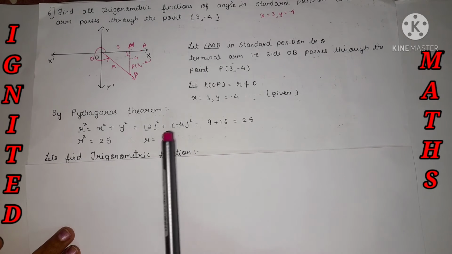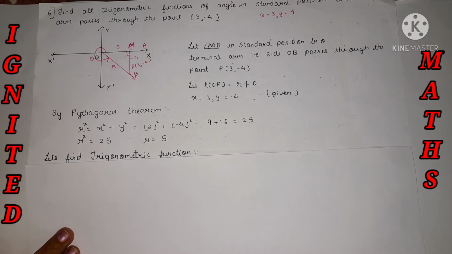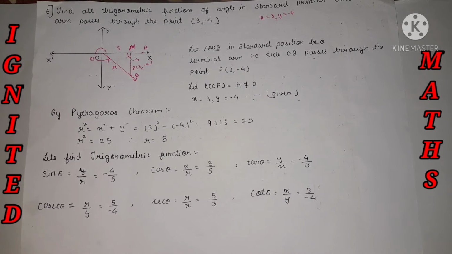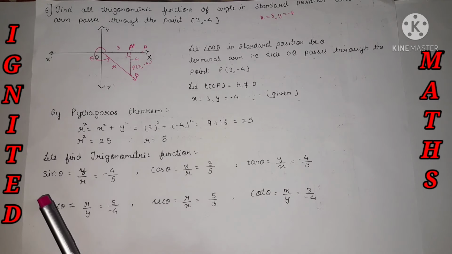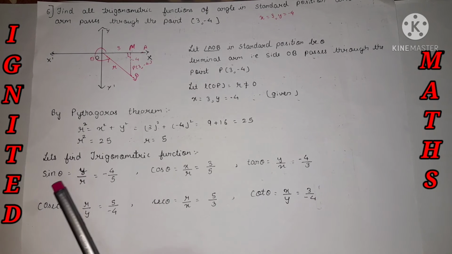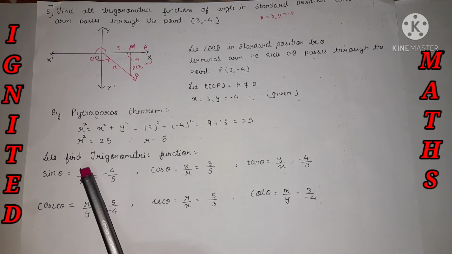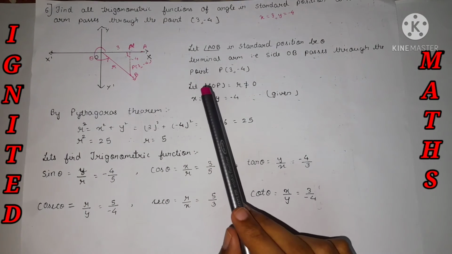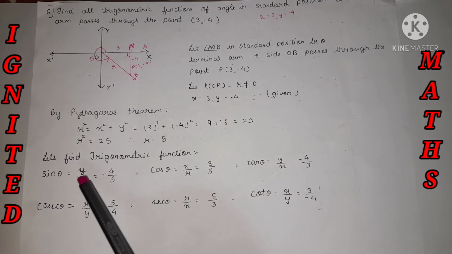So the r value we know, and the x and y coordinate values also we know. So let's find the trigonometric functions. This is the formula: sine theta is equal to y by r. It's nothing but opposite upon hypotenuse, but in this question we have defined the x coordinate and y coordinate, so y by r. By the unit circle also we will get it.